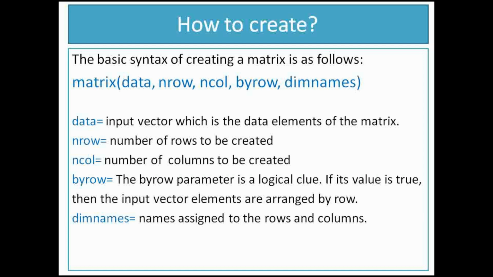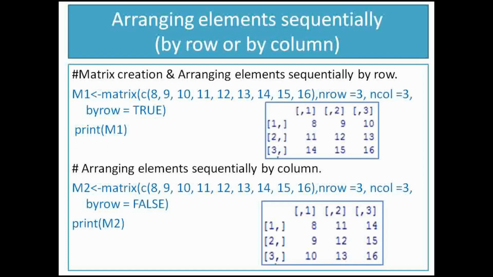Okay. Now in the first case, we have taken the byrow parameter value as true. The first parameter is the input vector, where the c function takes all the elements.